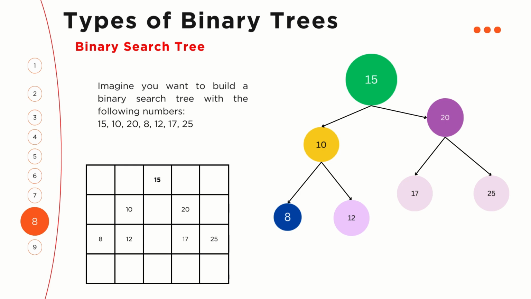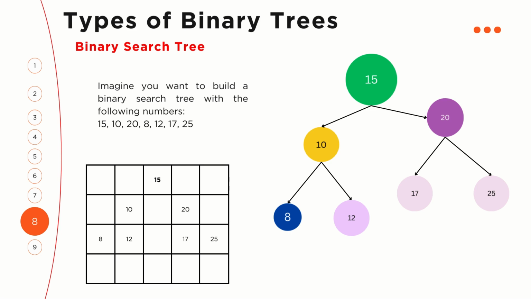Then the next number is 8. Now, we have exhausted the root having two children based on 10 and 20. So the next number is 8. And the question now is, is 8 greater than 10? No. Is 8 greater than 20?